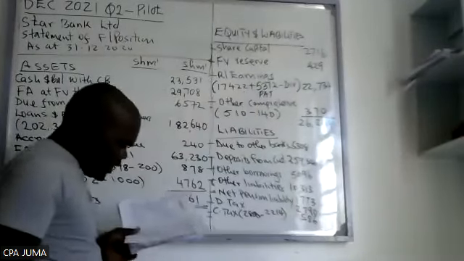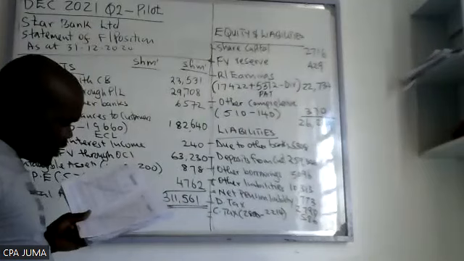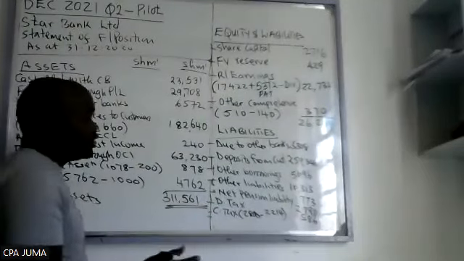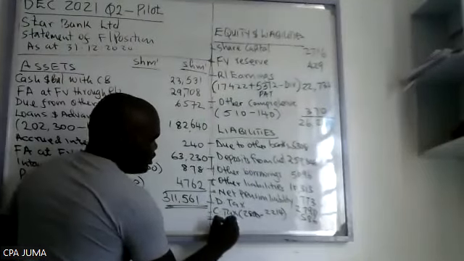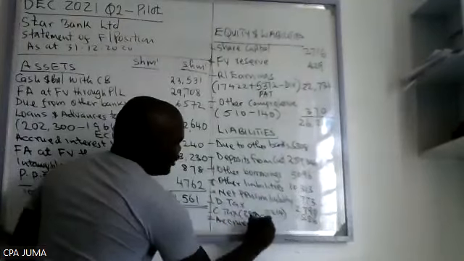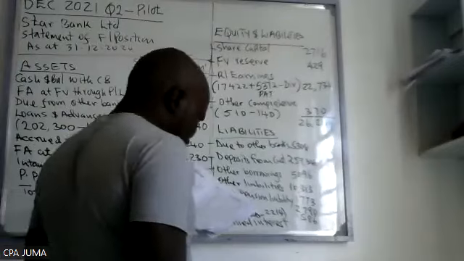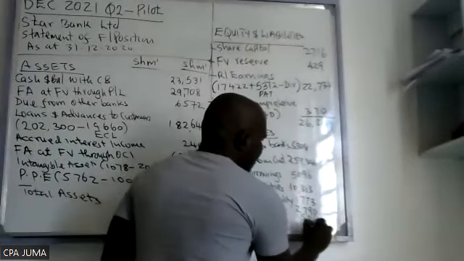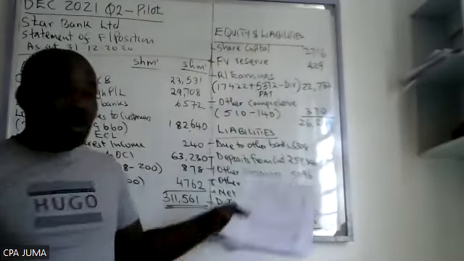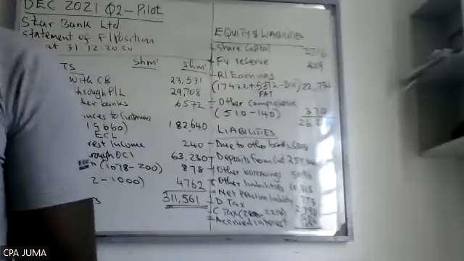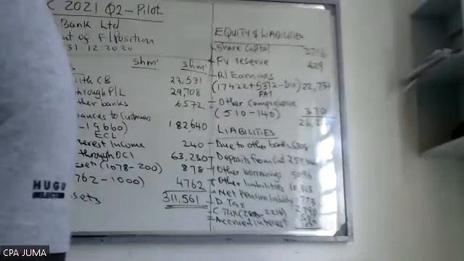586. Then accrued. There was accrued interest. Check note 1. Accrued interest. Note 1, there was accrued interest of 100. Can you add for me those things? I don't think there is any other thing.